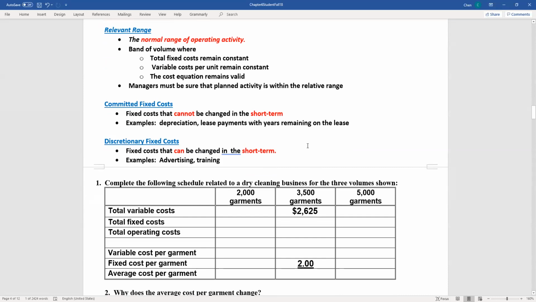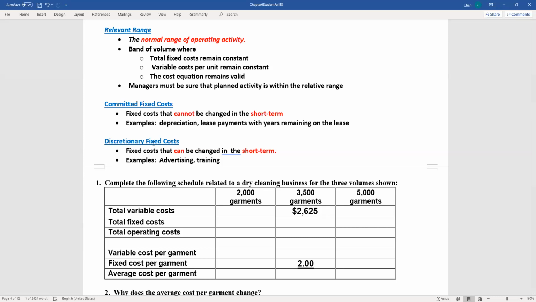So you have to keep in mind, if you do any planning, fixed costs will stay unchanged, such as, for Domino's, the house rent will be fixed costs, right? And then there are also some other discretionary fixed costs.